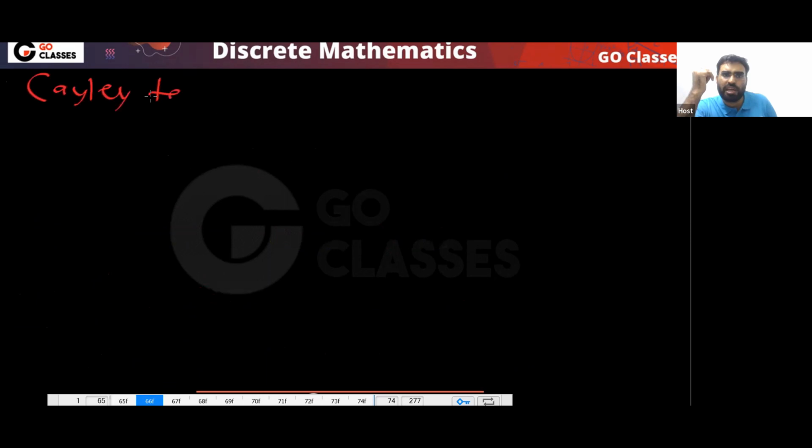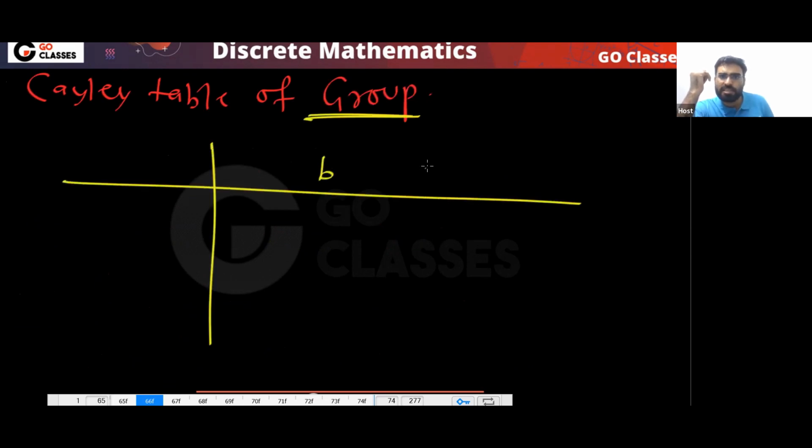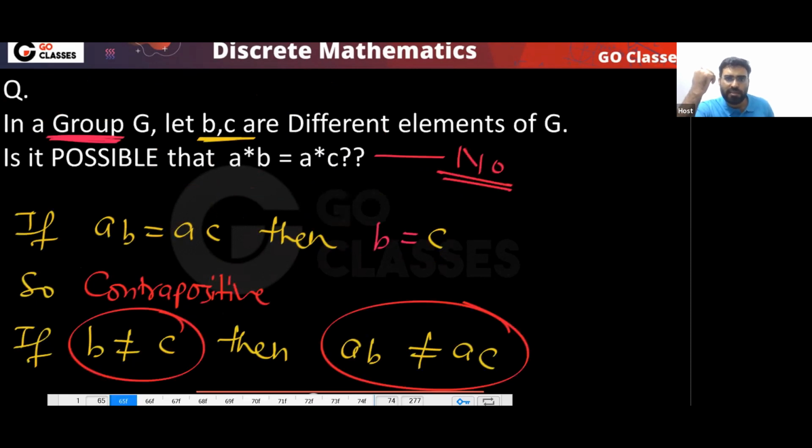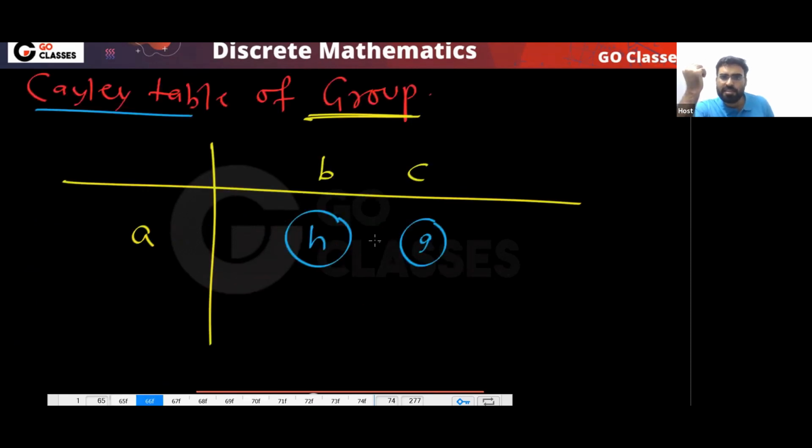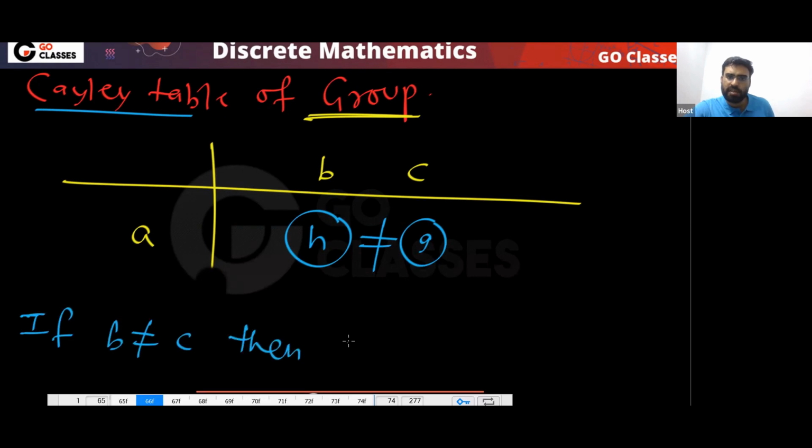Just again come back to Cayley table. Cayley table of group. In Cayley table of group, you can notice that if B comma C are different, then this can never be same as this, right? AB can never be same as AC, because if B is not equal to C, then AB is not equal to AC.